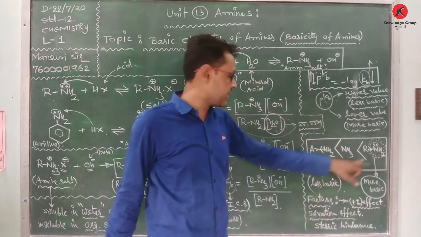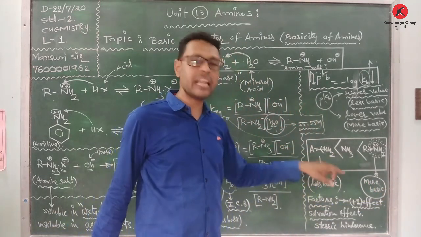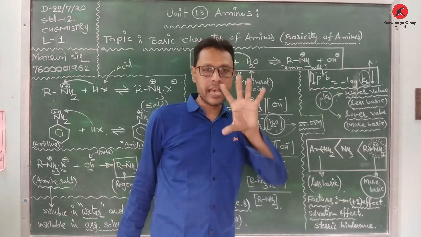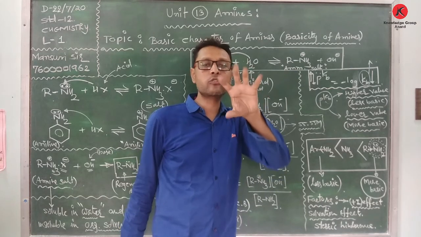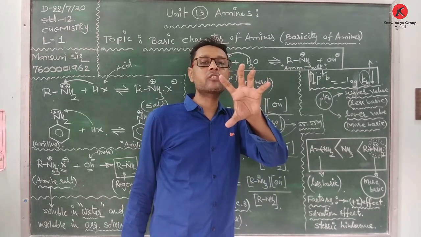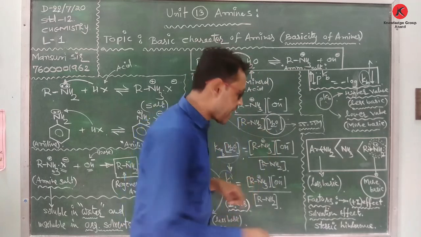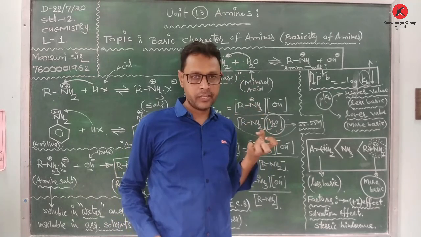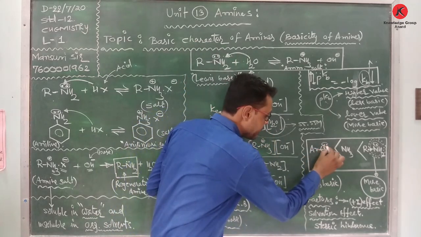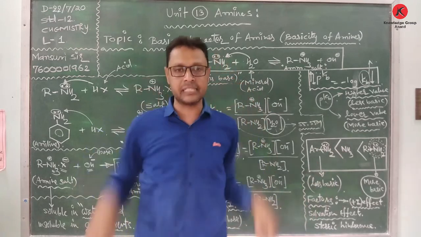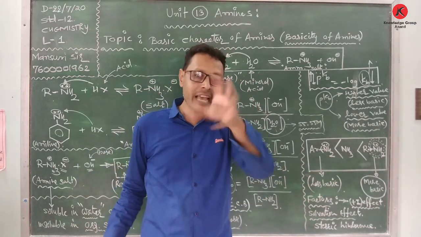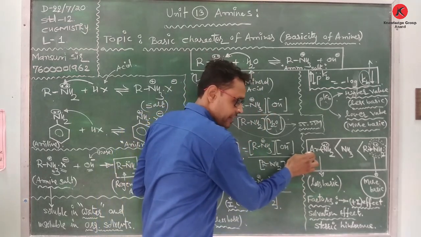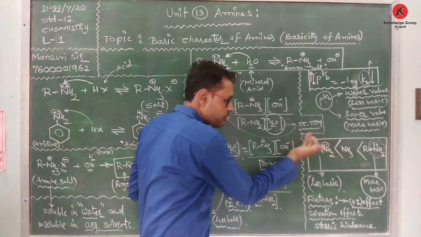But the opposite is there in aryl amine. The aryl group has an electron withdrawing nature. That is why it accepts the electrons from the nitrogen, so the electron density on nitrogen will decrease. All the electrons of nitrogen will go toward the aryl group, so aryl withdraws electrons from the nitrogen.